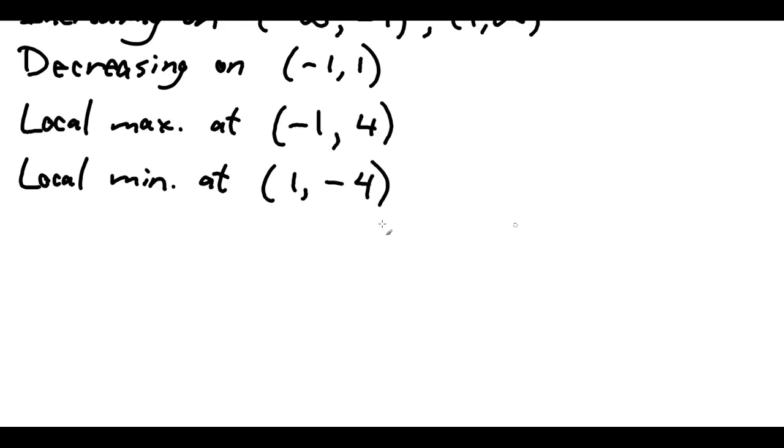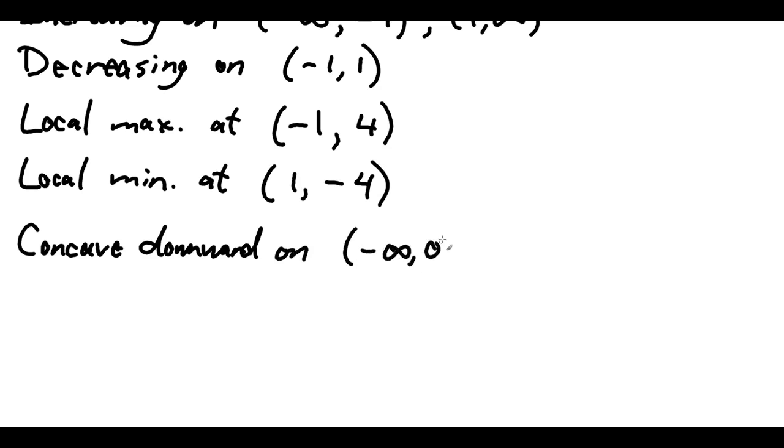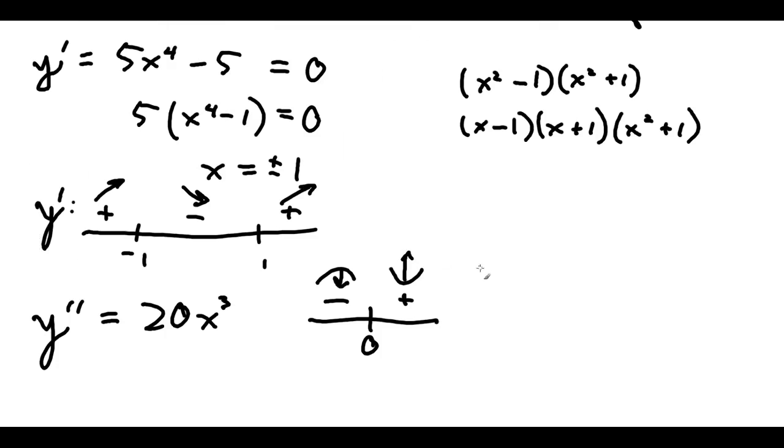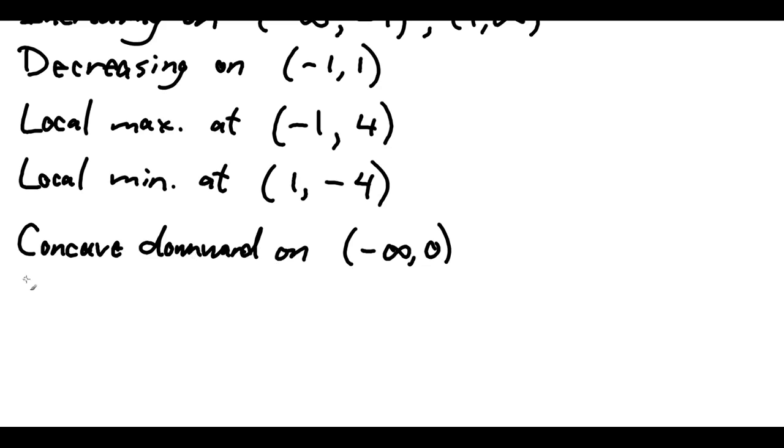So, let's see. Concave downward on the interval from -infinity to 0. I think it was down on the left. Yeah, it's down on the left, up on the right.